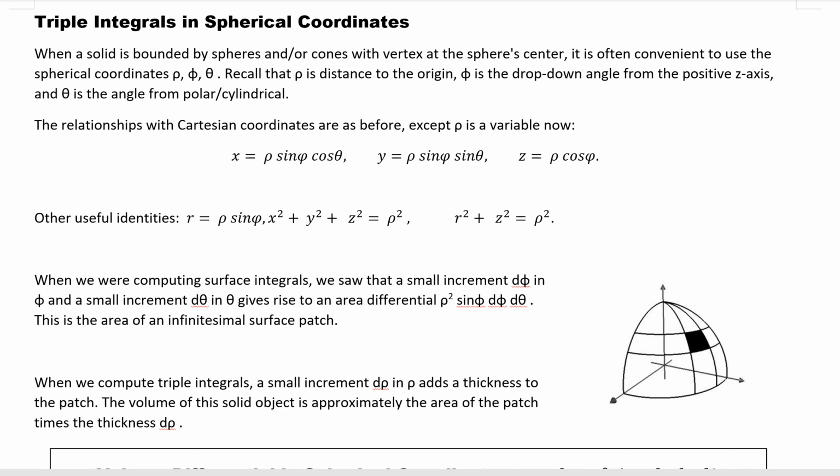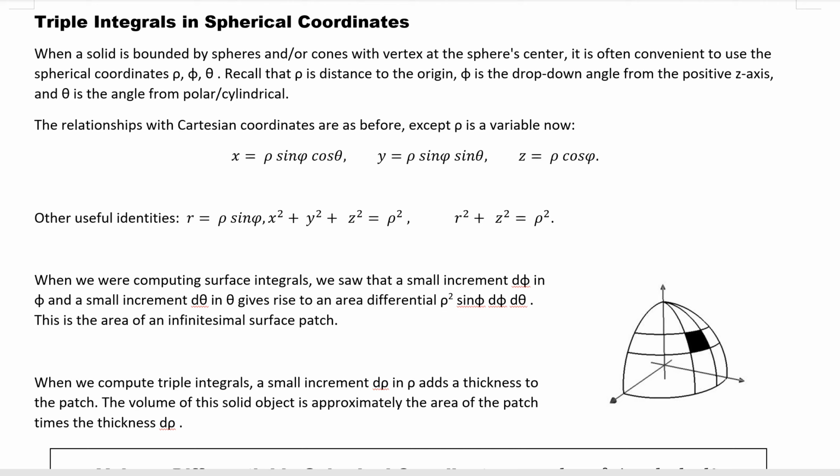Hi, let's continue to talk about triple integrals in spherical coordinates. When a solid is bounded by spheres and/or cones with vertex at the sphere's center, it is often convenient to use the spherical coordinates rho, phi, theta.